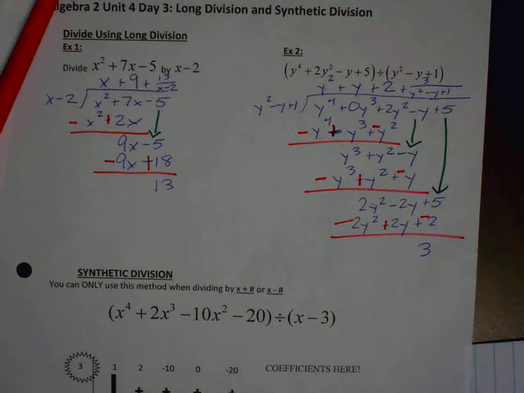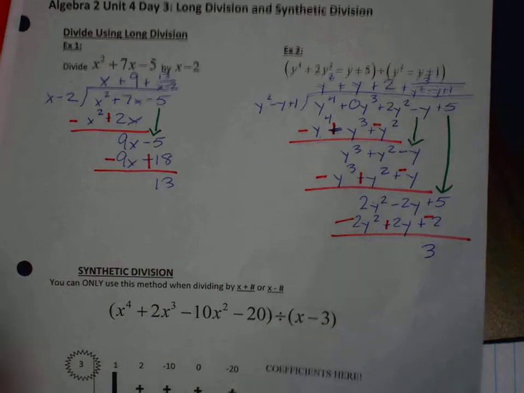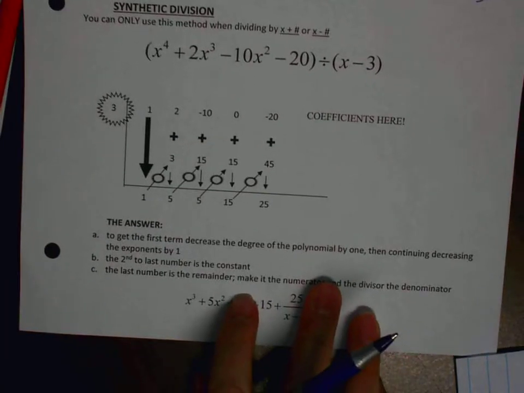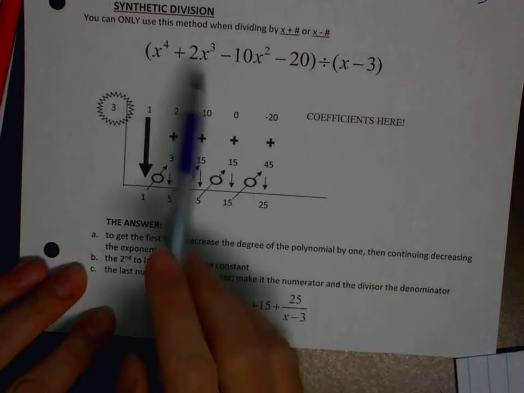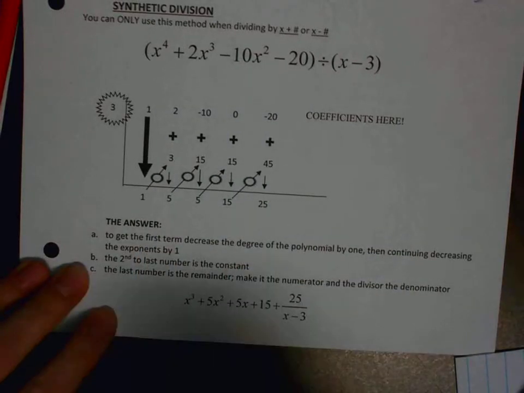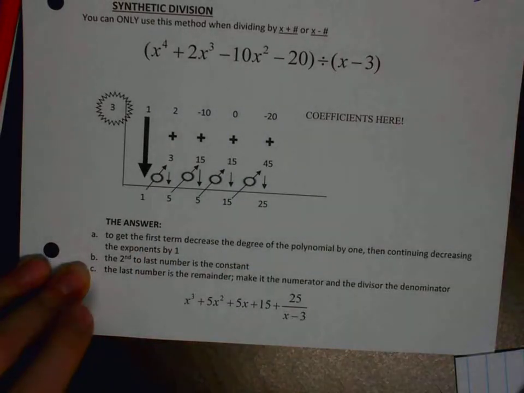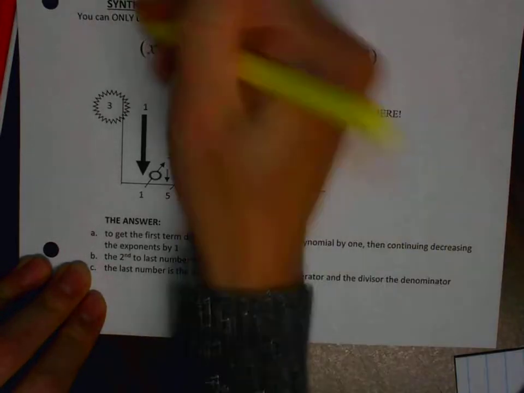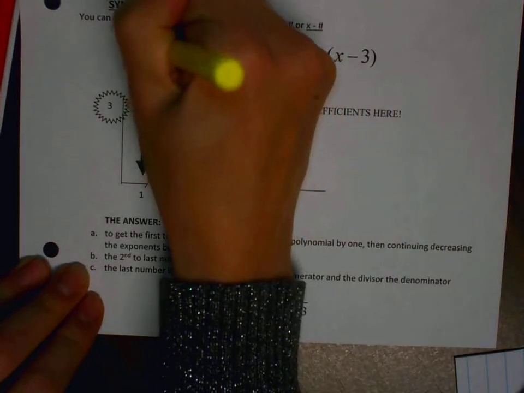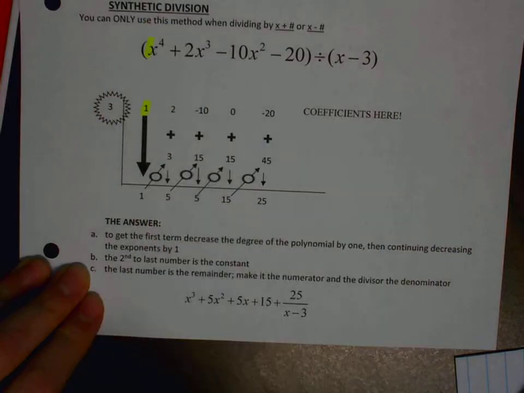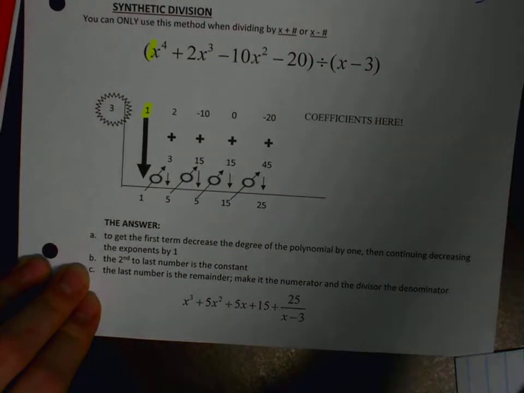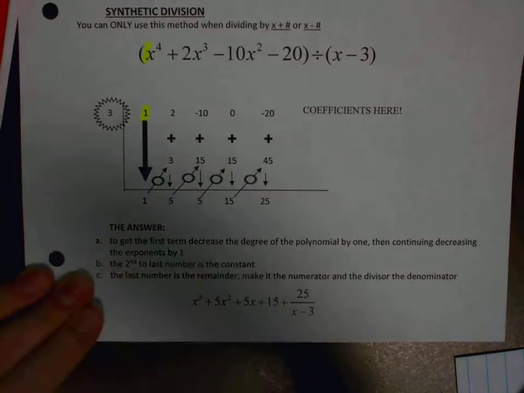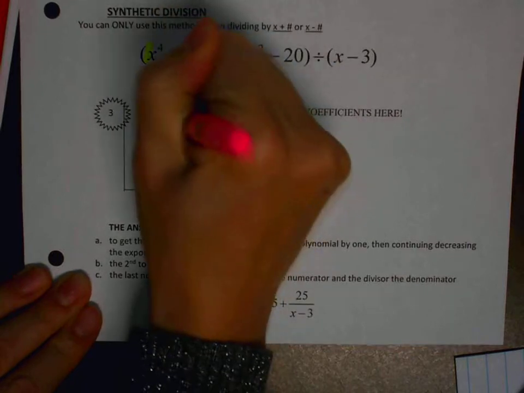Now we're going to do it a shorter way called synthetic division. So in synthetic division, what we're going to do is deal with the coefficients. If you look, the coefficient of x to the 4th is 1. That goes here. The coefficient of 2x cubed, which is 2, goes here.